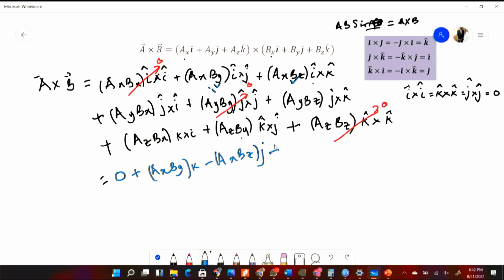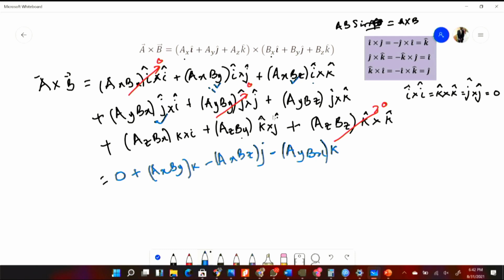Then we have plus AY BX. Then let's look at our relation when we have J cross I. That is minus K, because I cross J is K, then J cross I is minus K. So therefore, we cannot have positive here. We are going to have minus K here for J cross I. So we are done with this.